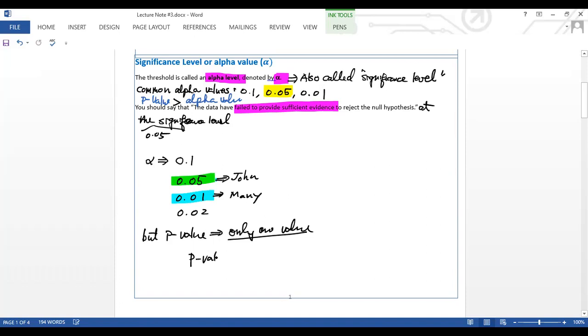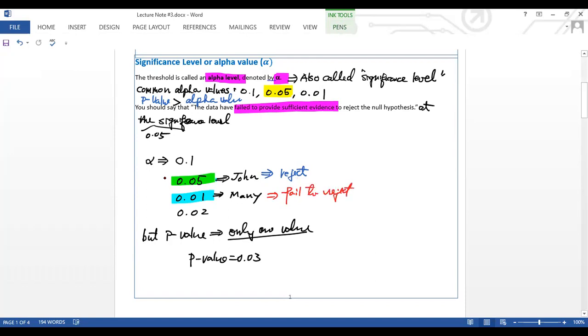Let's say your p-value here is 0.03. John's level is 0.05, so John will reject because the p-value is less than his level. Mary, at 0.01, fails to reject.